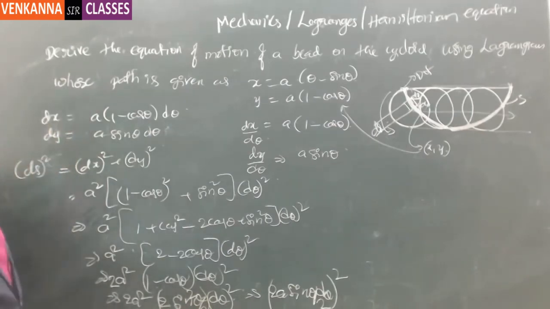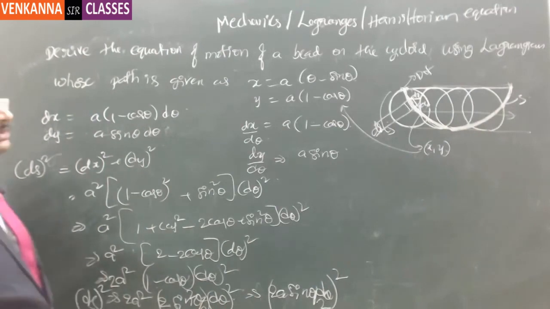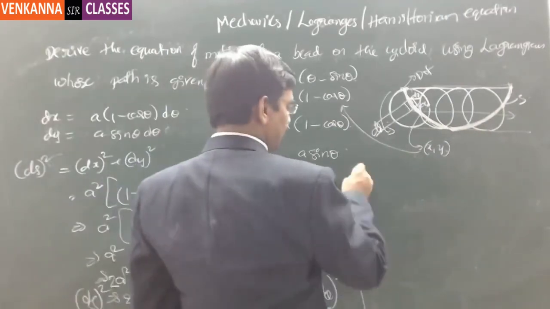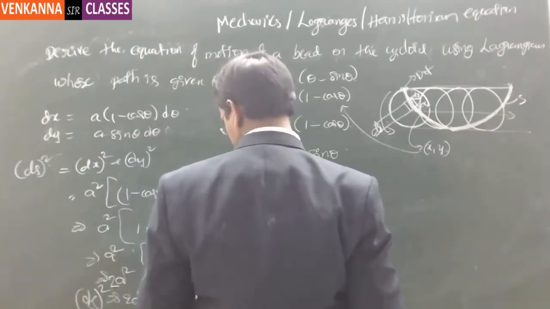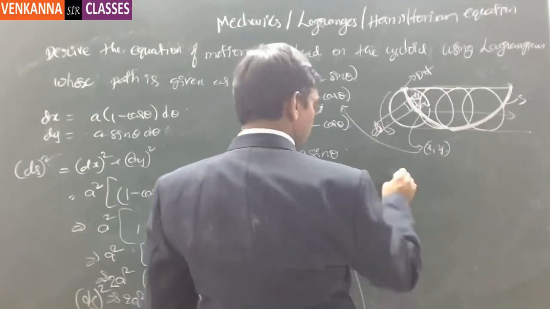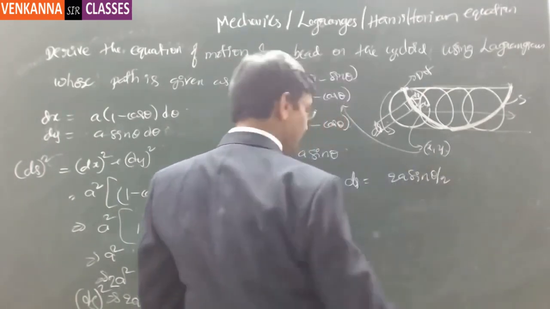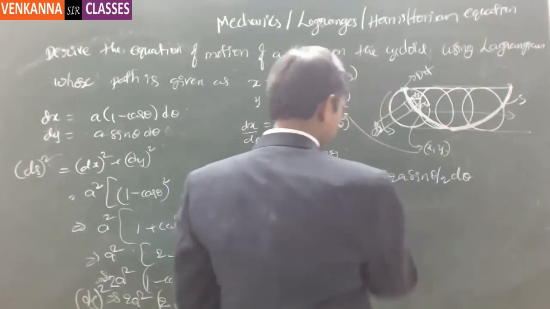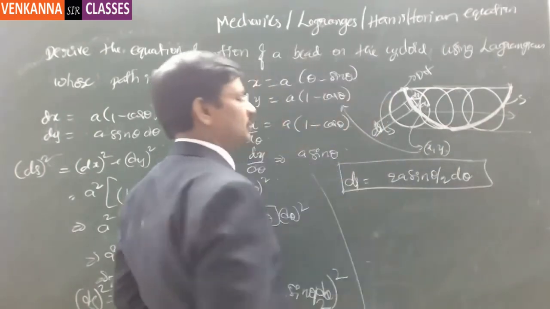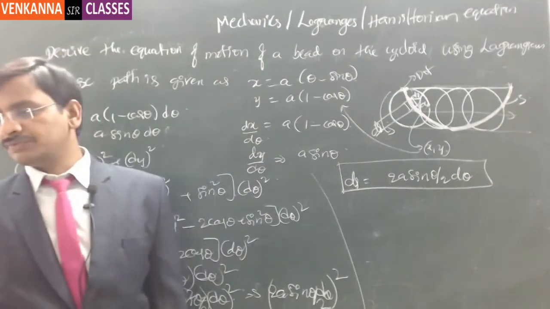This is ds square. So it implies ds can be written as ds is equal to 2a sin theta by 2 d theta. So we have got the path of travel equation.